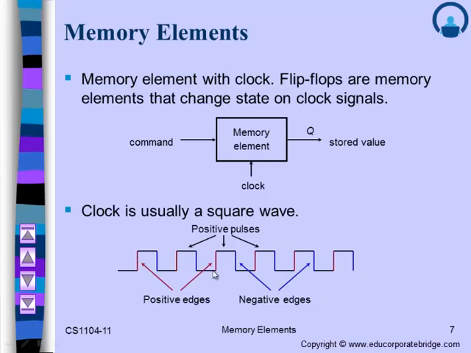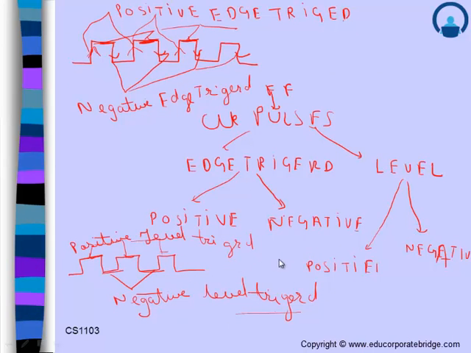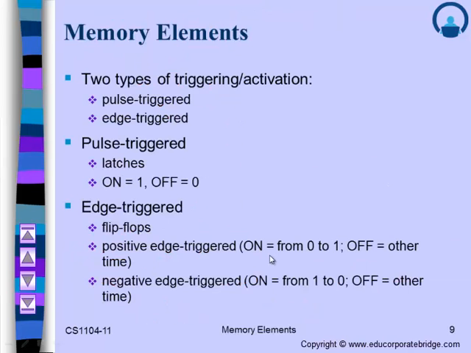And for negative edge triggered flip-flops, the state changes when the clock changes from 1 to 0, as seen in the blue line.